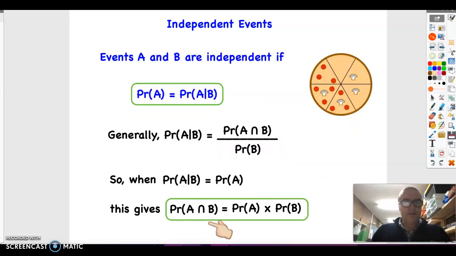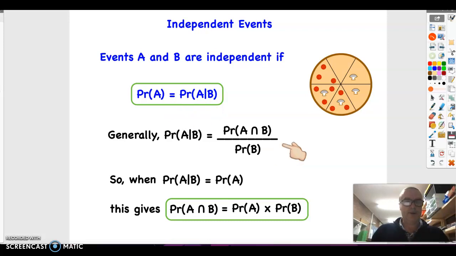So by definition, events A and B are independent if the probability of A is equal to the probability of A given B. So given that B has occurred, the probability of A is unaffected.